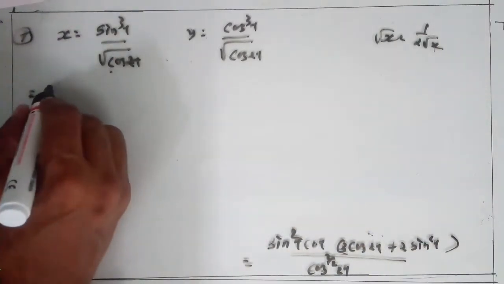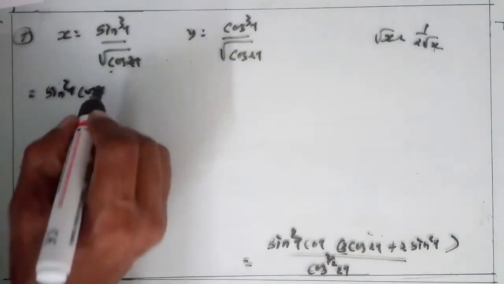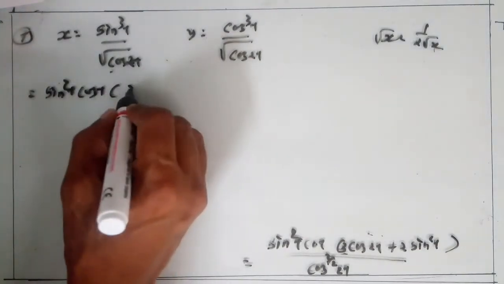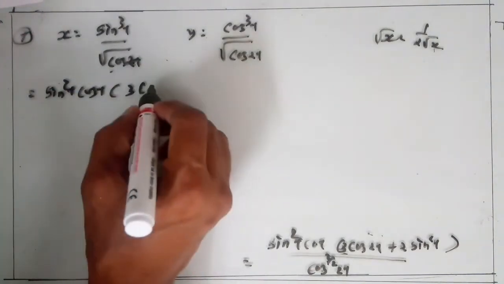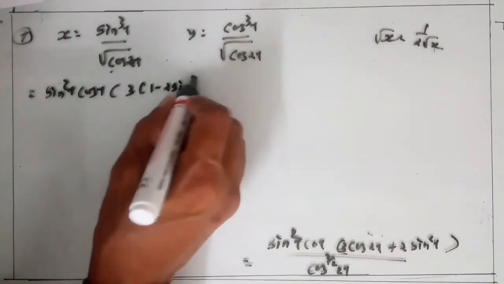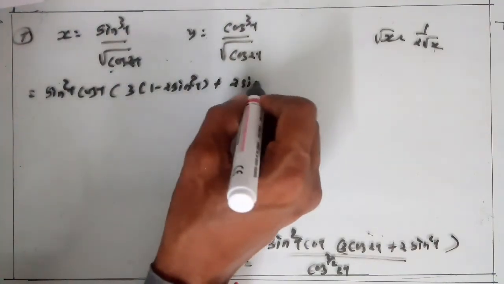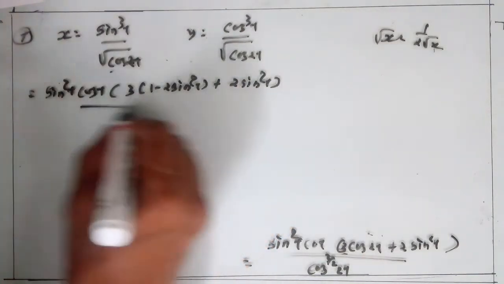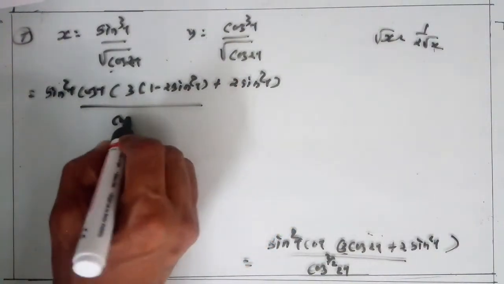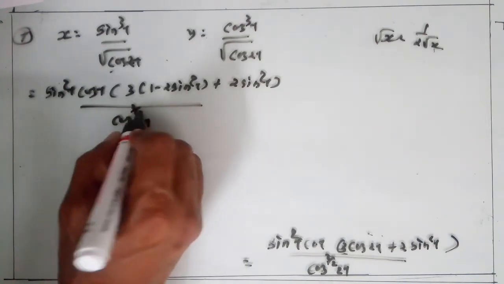Here we get sin square t cos t into 3 cos 2t, in sin form 1 minus 2 sin square t, plus 2 sin square t, upon cos 2t raised to 3 by 2, clear.